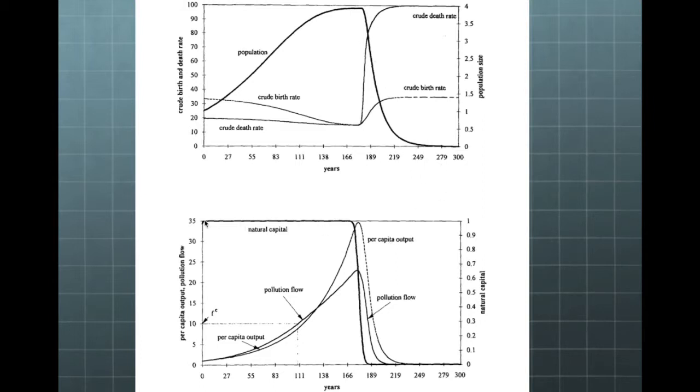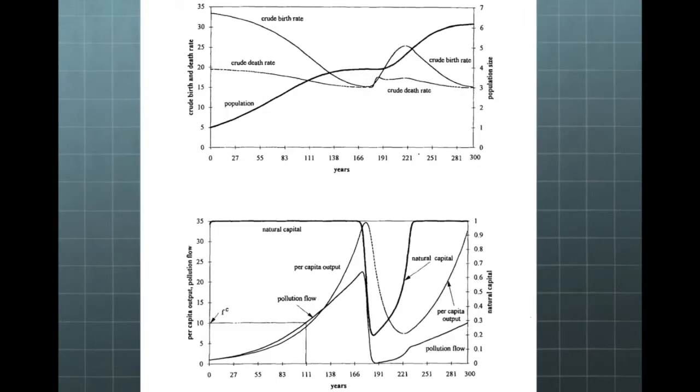If you look at the associated natural capital here, it's high to begin with, and then it drops dramatically. Pollution flow, which drives the ability of nature to regenerate, also grows and then drops. And you can look at the behavior of other variables as well.